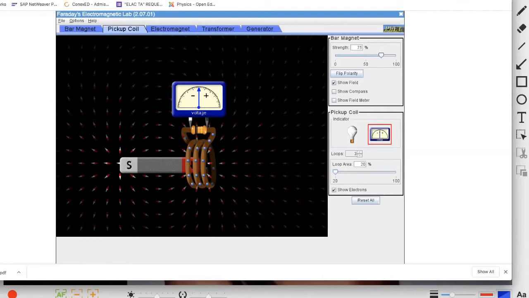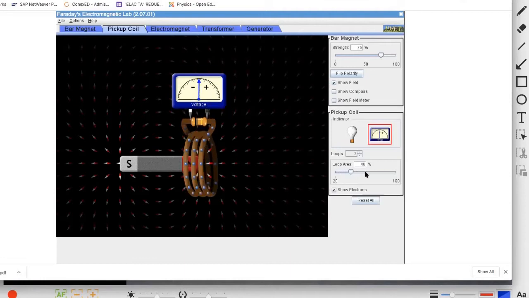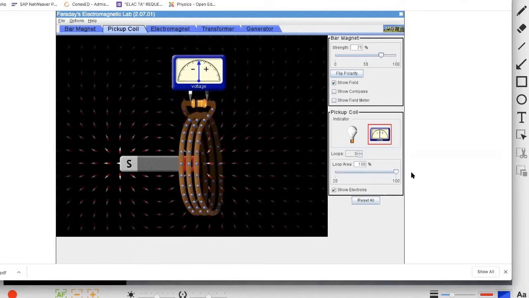So initial radius is 15 centimeters. Then I am now increasing the radius all the way to 100%. So this radius is 35 centimeters.